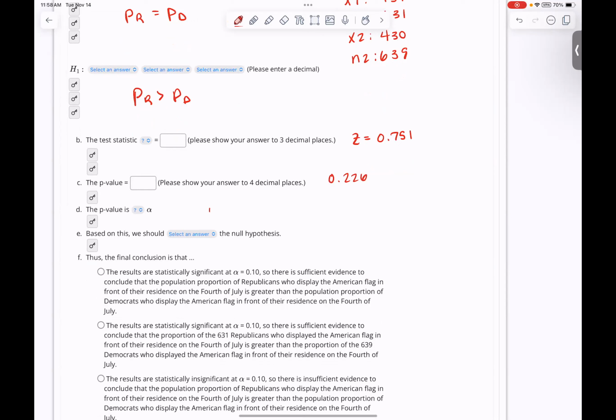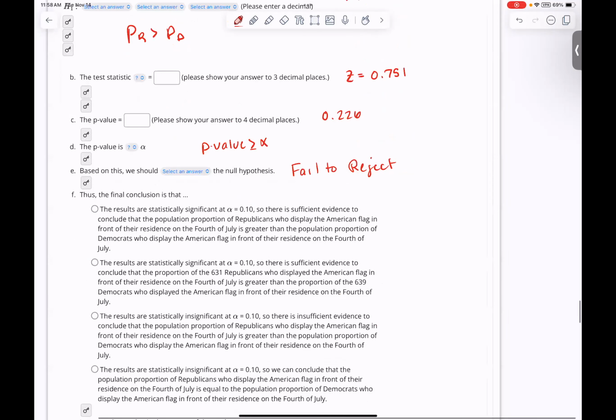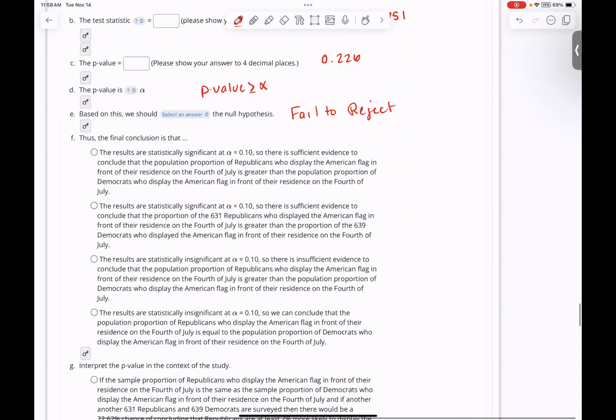Our p-value is greater than our alpha. So if the p is high, the null must fly. We fail to reject the null. So we can't conclude that more Republicans flew the flag on the 4th of July than Democrats.